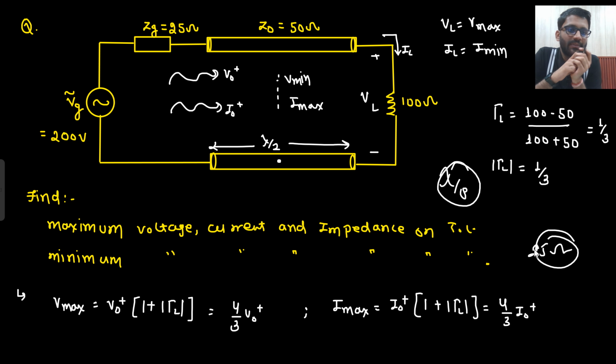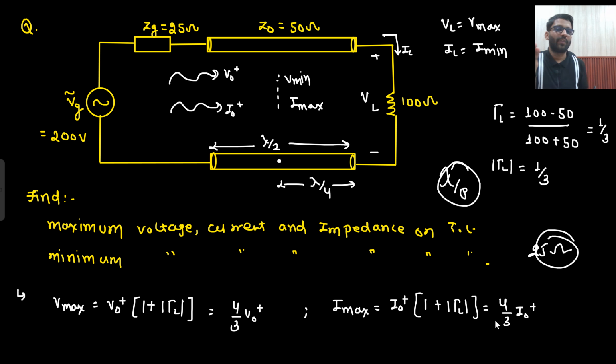No. Why is that so? Because 25 ohm will not even be received. 25 ohm will be received at lambda by 4 distance. If the length is lambda by 8, then at lambda by 8 you will have your minimum impedance.